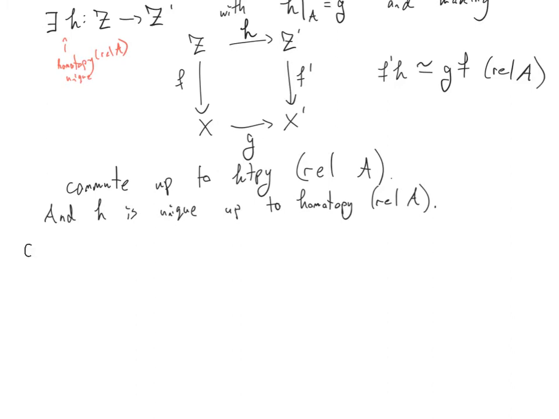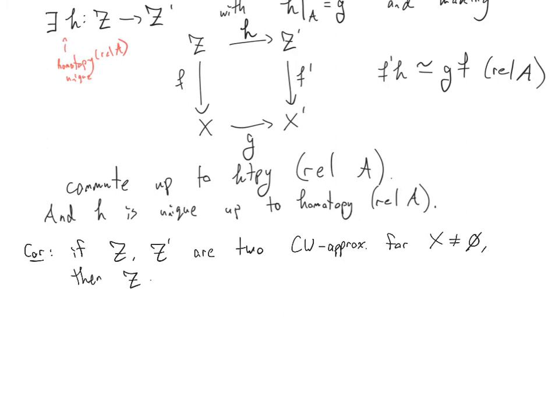And then we'll prove it. So, corollary: if Z and Z prime are two CW approximations for a space X, which is non-empty, then Z is homotopy equivalent to Z prime.